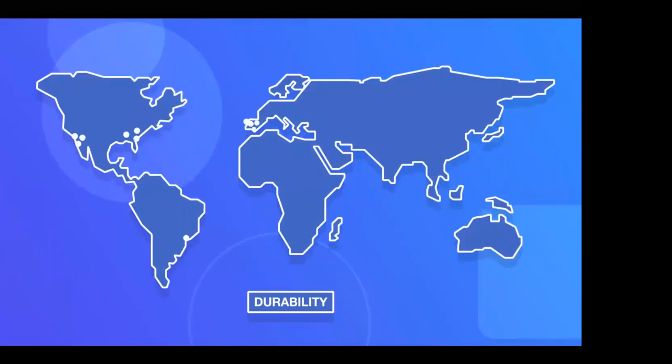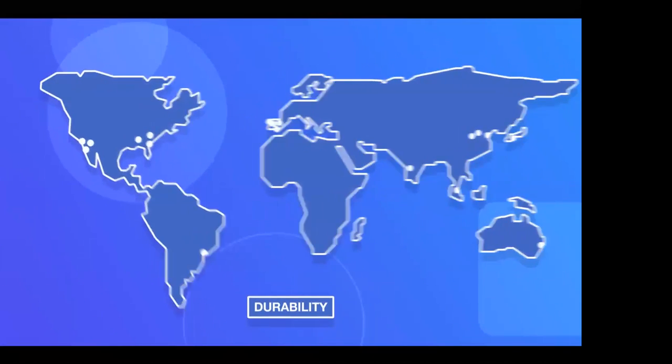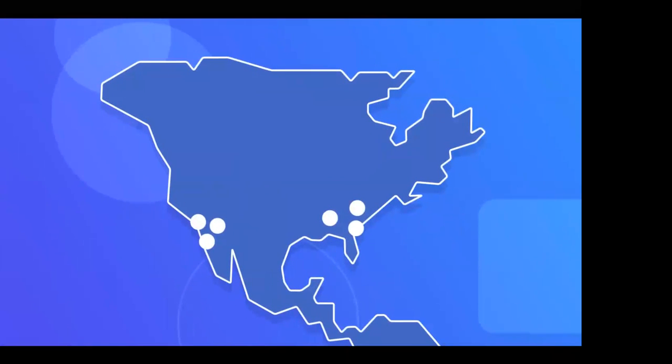Amazon Simple Storage Service, or S3, lets you collect, store, and analyze data in any amount from anywhere. First, durability. With the largest global cloud infrastructure, Amazon S3 was built from the ground up to deliver 11 nines of durability.